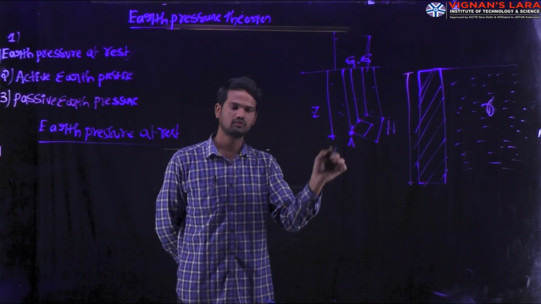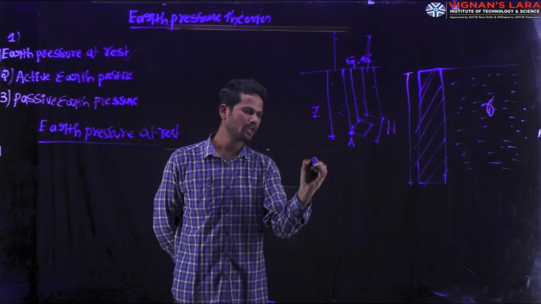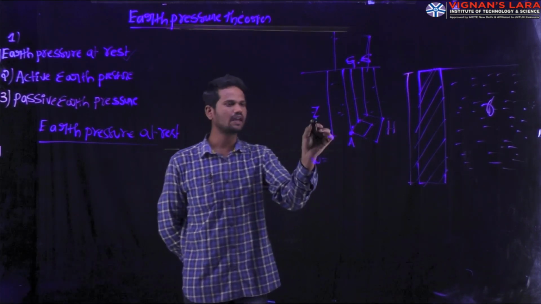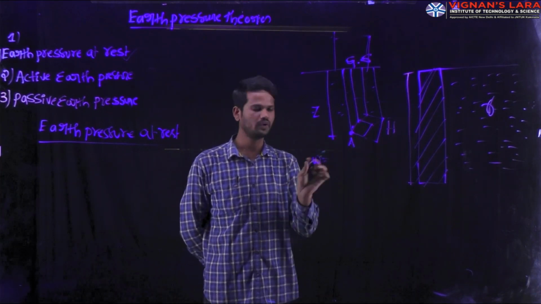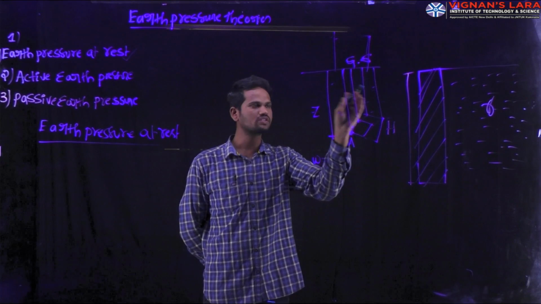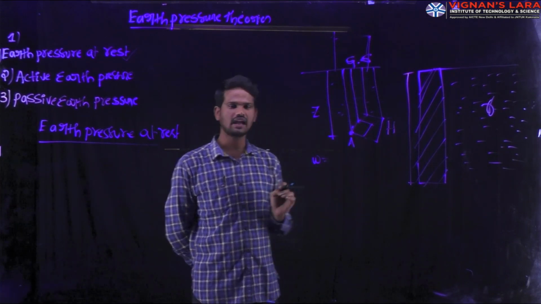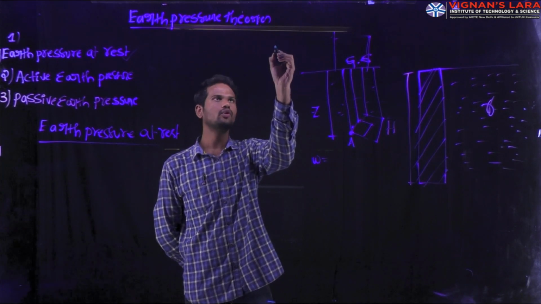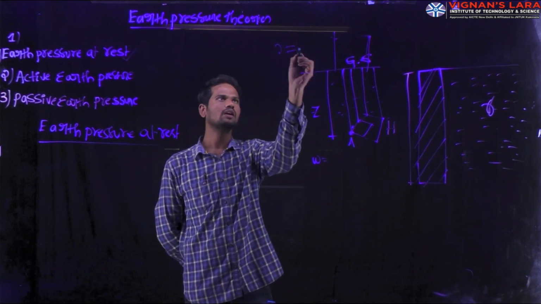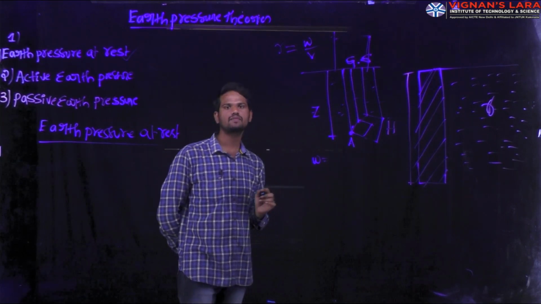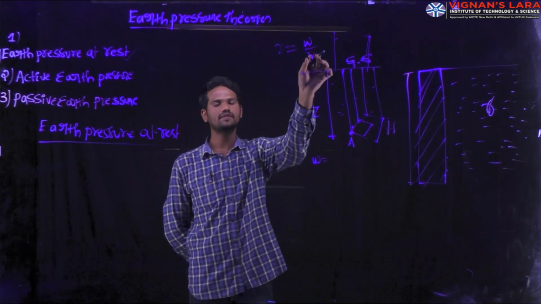Now I am writing: the weight or force acting on the soil element at a depth of Z at A is equal to W, where W is the weight of the soil acting on the soil element. We know the formula for density or unit weight: unit weight gamma equals weight by volume, that is, the weight of the soil element to the volume of the soil element.